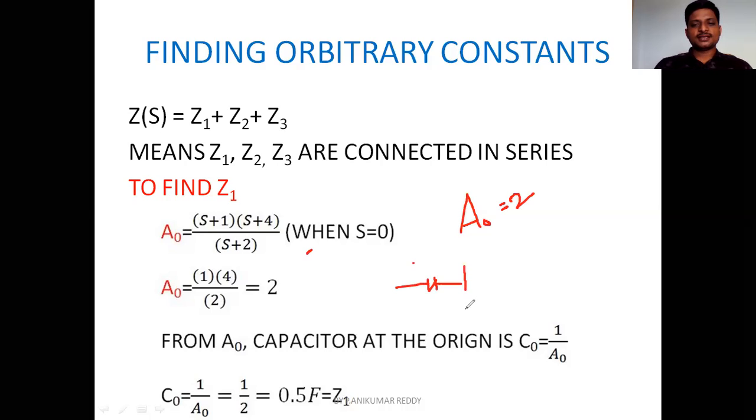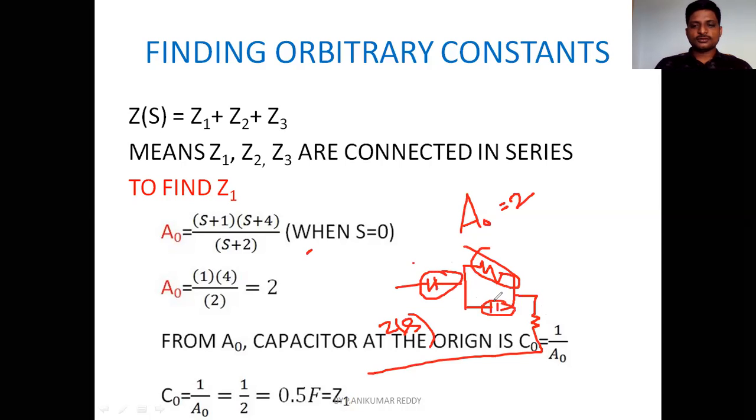So this is the standard diagram of Z of s. For any problem, first you have to draw this diagram. First we find the C0 value, then R1, R2, and finally R infinity. That is the procedure.